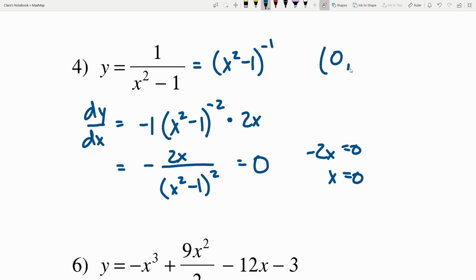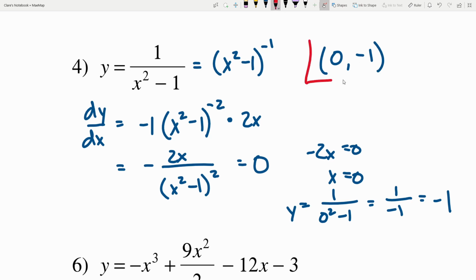So 0 is the x value for that point. Plugging 0 in for x to solve for y, we get 1 over 0 squared minus 1, which equals 1 over -1, which is -1. So (0, -1) is the point at which this function has a horizontal tangent line.